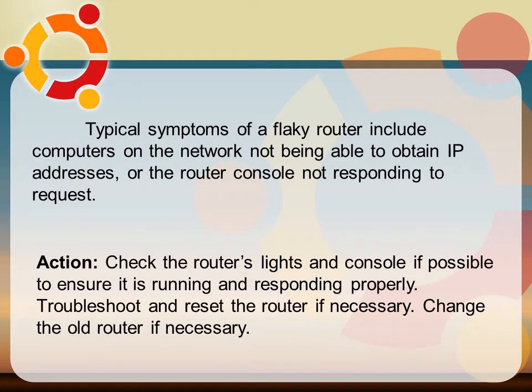Typical symptoms of a flaky router include computers on the network not being able to obtain IP addresses or the router console not responding to requests. So the action: check the router's lights and console if possible to ensure it is running and responding properly. Troubleshoot and reset the router if necessary, then change the old router if necessary.